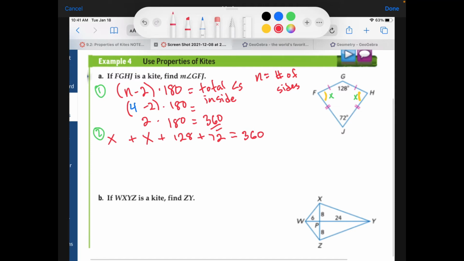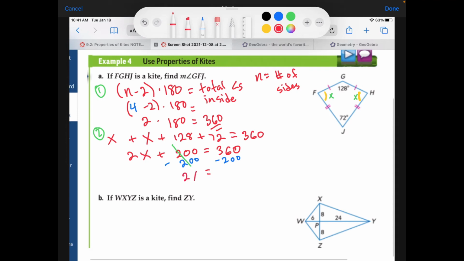All right, we can put this in decimals, or we can just continue doing this by hand. We can go ahead and get our x's together. That'll be 2x. We can go ahead and add 128 plus 72. That's going to give me 200 equals 360. And at this time, we can continue to solve this by hand. We can subtract 200 from both sides, because that's how we switch it from side to side.